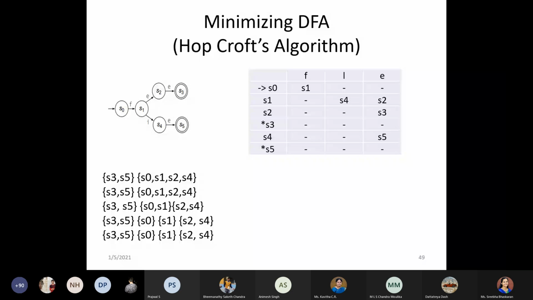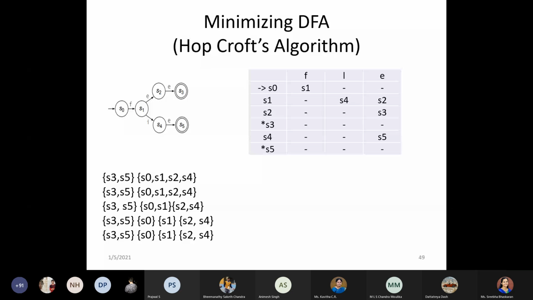That means those two states will not go together. So when we go from one iteration to the other iteration, the splitting will happen. There are only two branches you can have: we verify whether S3 and S5 will go together, or if it is getting split, it will be split into two, that is S3 will be in one and S5 will be in the other.